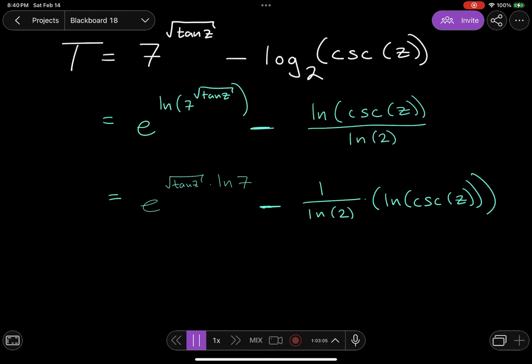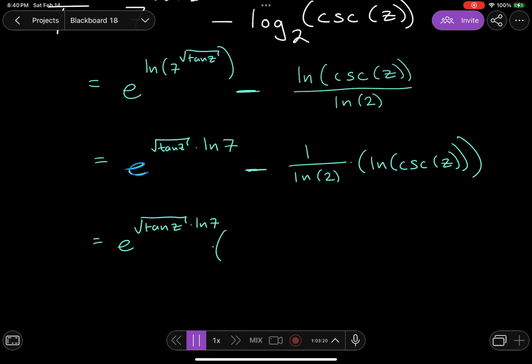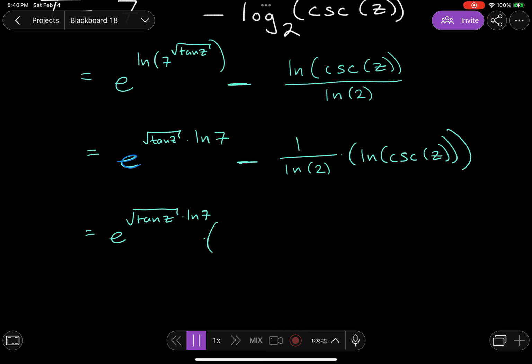So I have the outermost function. That's e to the something. Taking its derivative, it's going to be e to that same thing, times the derivative with respect to z of this thing on the inside. So this thing right here, I have to multiply by the derivative of this.